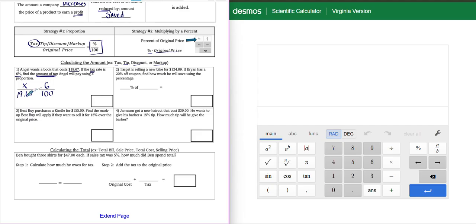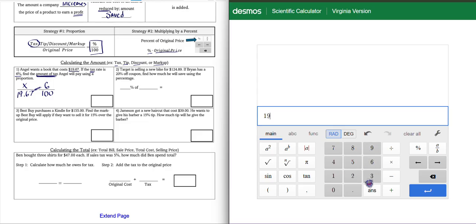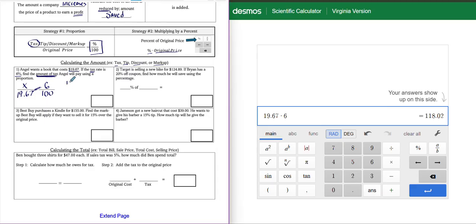We multiply 19.67 times 6. So that equals 118.02. And then on the other side of the equation, we're going to multiply 100 times x. We can't really do anything with that, so we just write 100x.